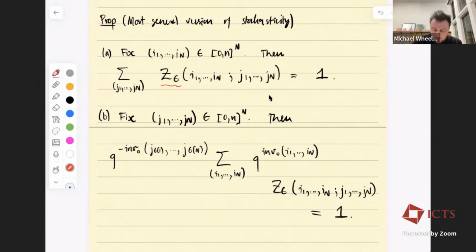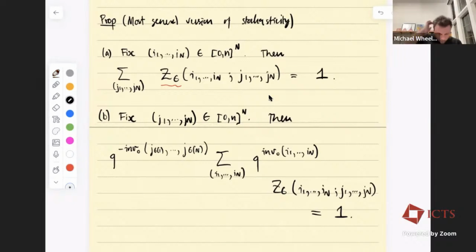You reduce it into a product of simple transpositions, and each simple transposition is just a single vertex in the vertex model we're looking at. So you can literally apply stochasticity to each vertex in that chain one by one, and in this way prove the statement in general. So it's a very simple inductive proof.